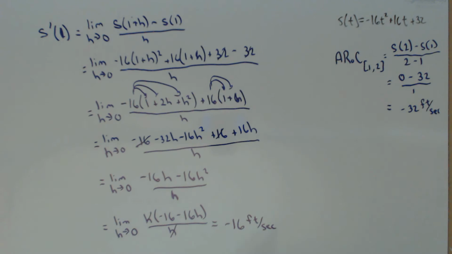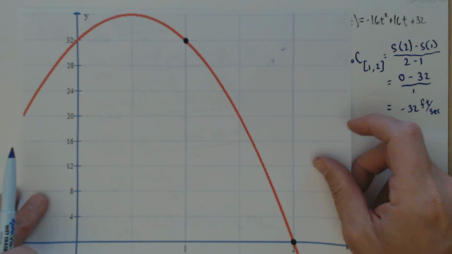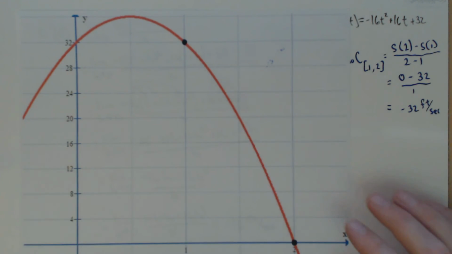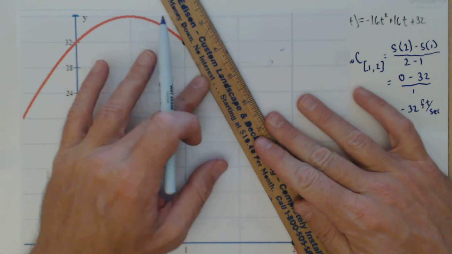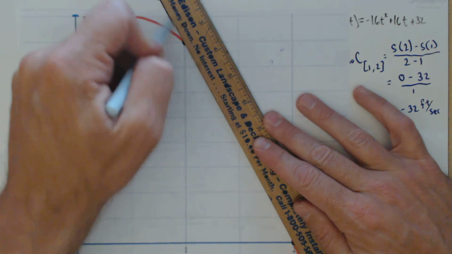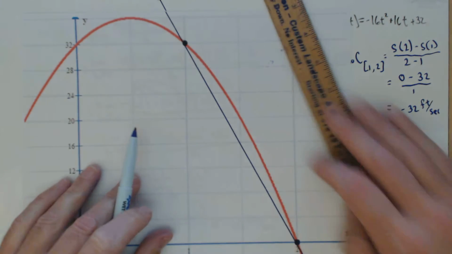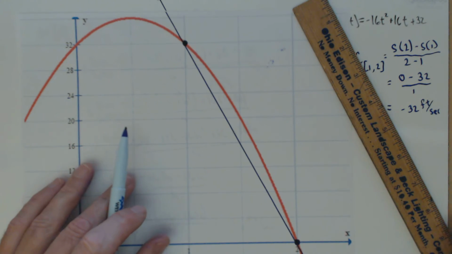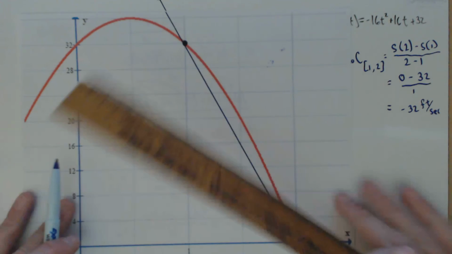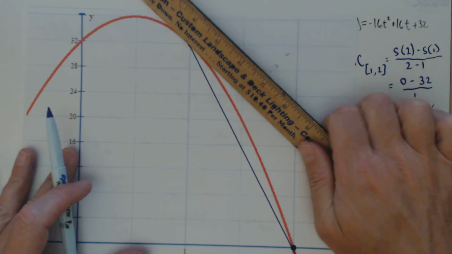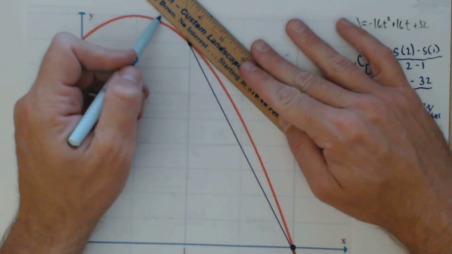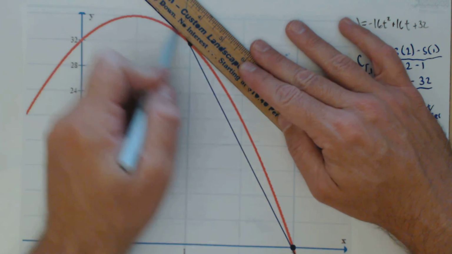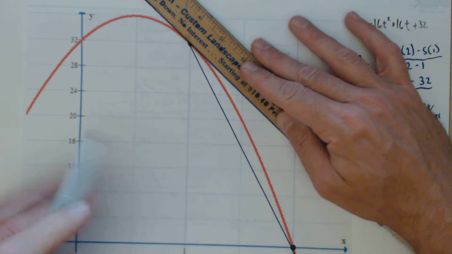Now let's take a look at how these look graphically. So we have our 2 points over which we found the average rate of change, which gives us a secant line between those 2 points. So using a ruler, we might draw a secant line that looks something like that. Now, at s prime of 1, we have what we call a tangent line, and it's going to hit at that 1 point and mimic the slope of our graph at that point, and it will look something like this.